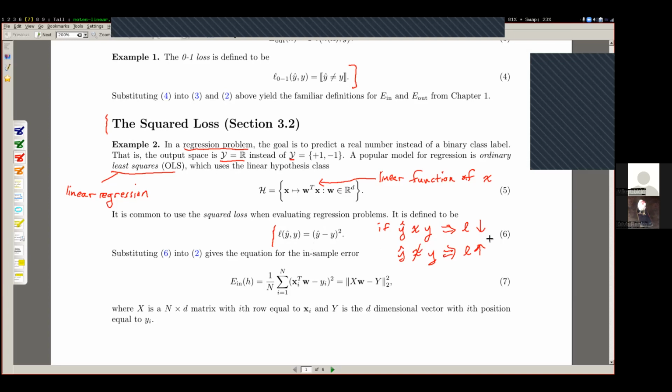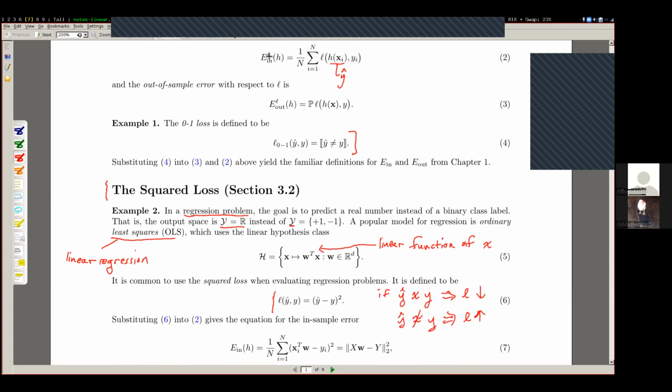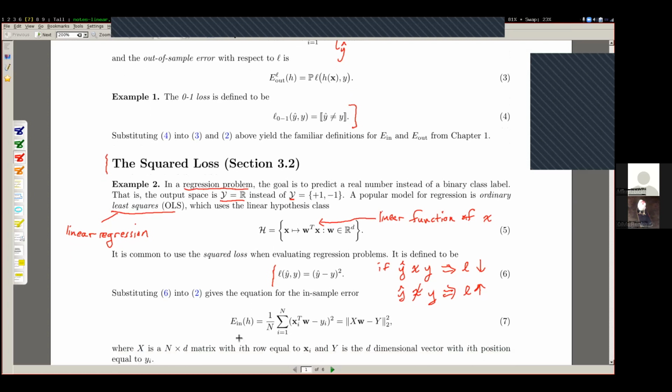If we plug this loss function, equation 6, up into equation 2, this general formula for the in-sample error, or the empirical risk, or the empirical loss, or the in-sample risk, all those terms equivalent to each other, then we get this right here.